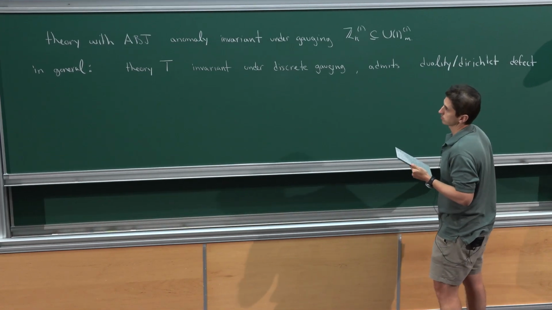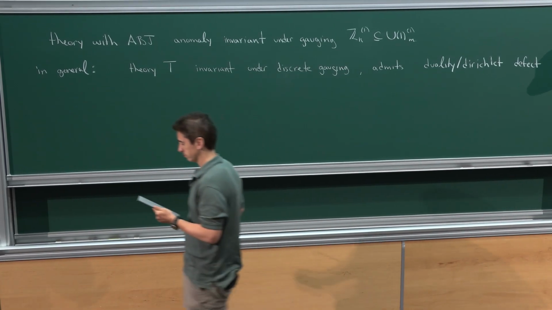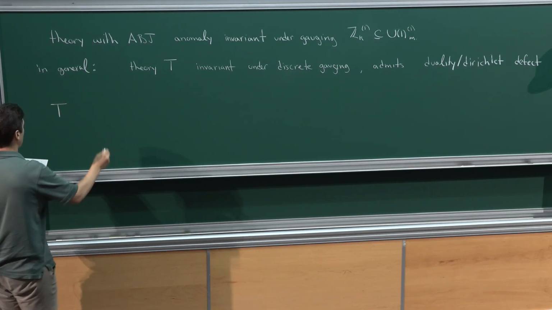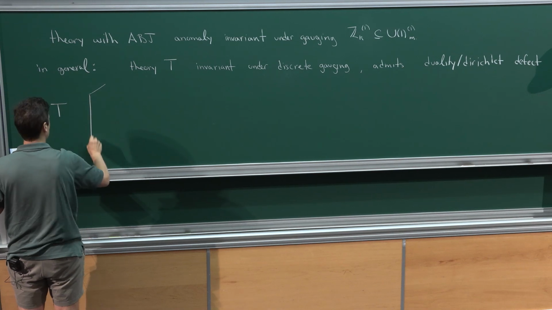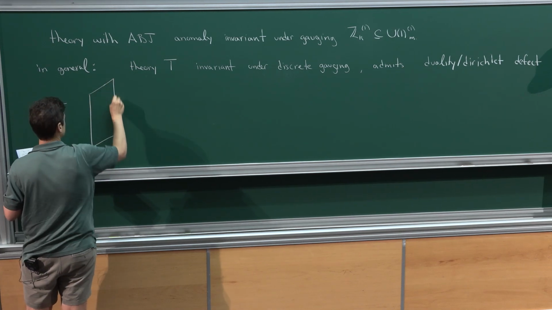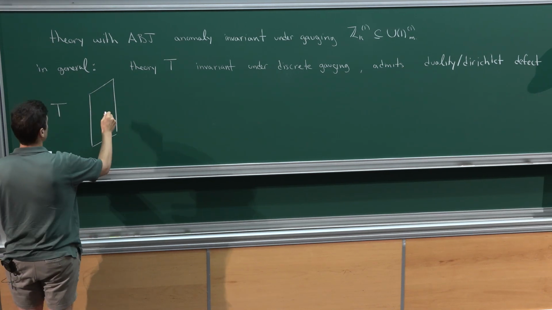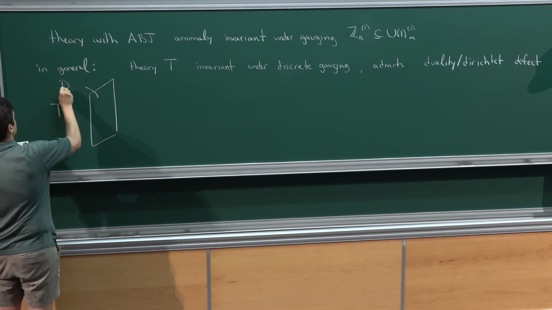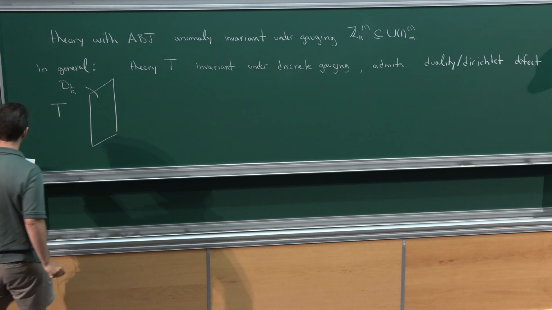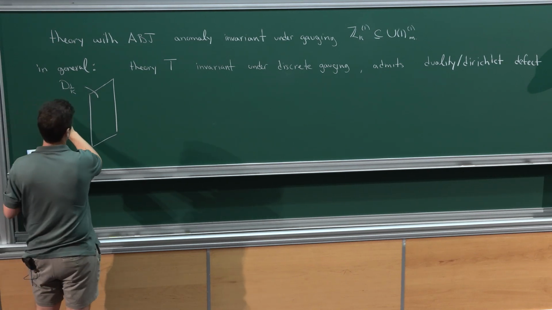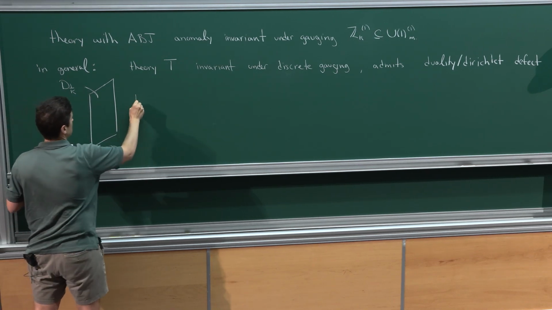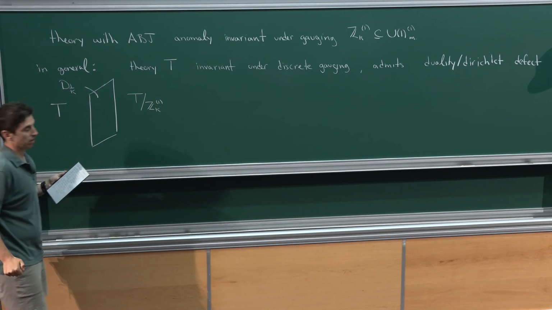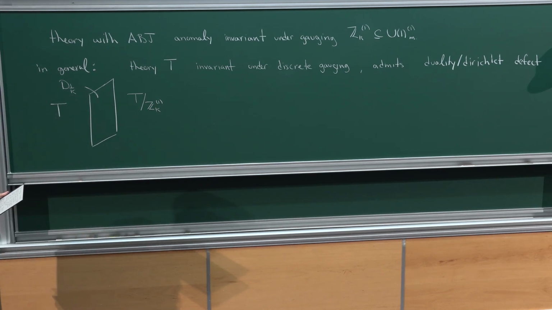So what's the picture? So what you do is you have the theory, and then here will be the defect. And this defect that I'm going to construct will turn out to be, in our context, the same as this d1 over k. So I'll just call it that. So here's the theory. On one side, you have the theory, and on the other side, you have the theory where you do this gauging.